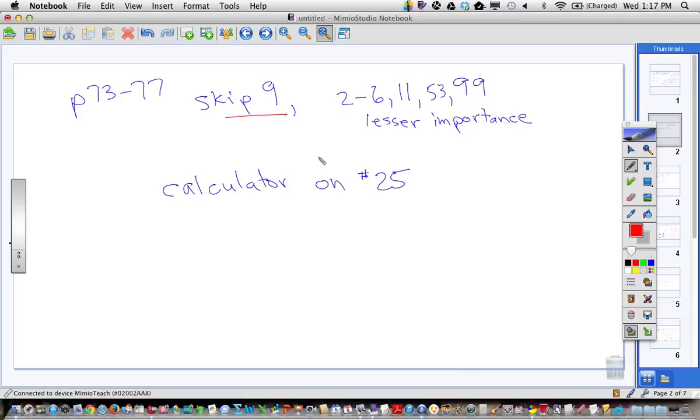You can probably just cross it off. And these are of lesser importance: 2 through 6, 11, 53, 99. You might just put a question mark by those. If you've got some time and want to do them, they'd be decent problems, but they're probably of lesser importance regarding the quiz.